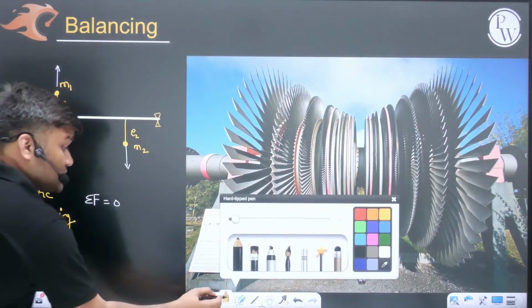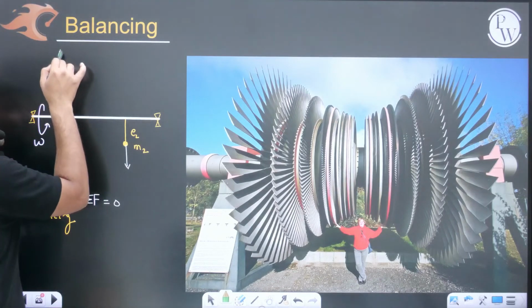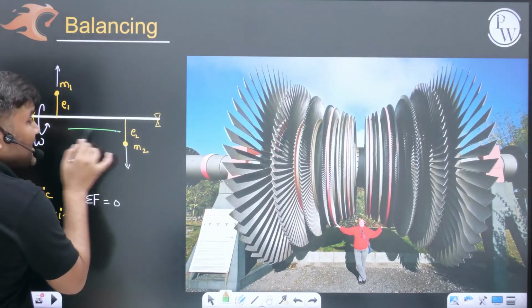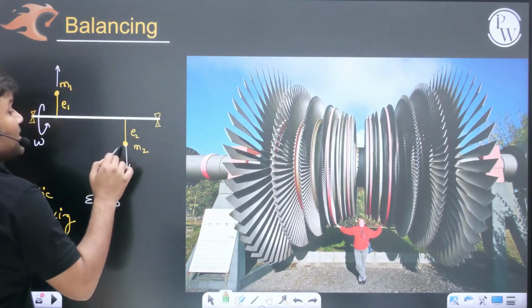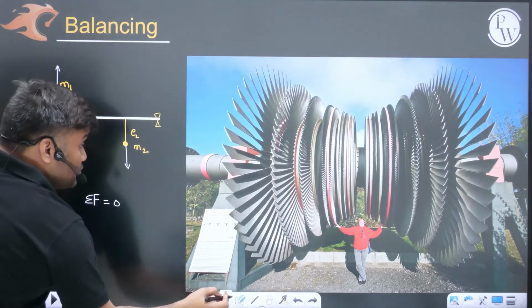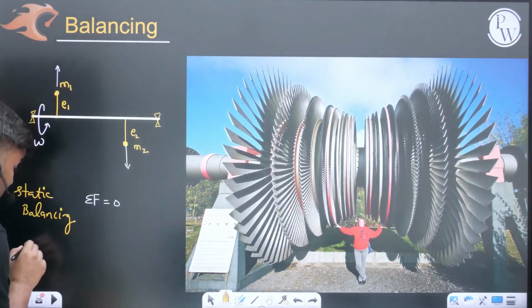you also have to check कि भैया they are going to form some couple or not. One force is here, another force is here. These two forces acting at certain distance are going to form some couple. So you also have to check whether summation of moments is zero or not.